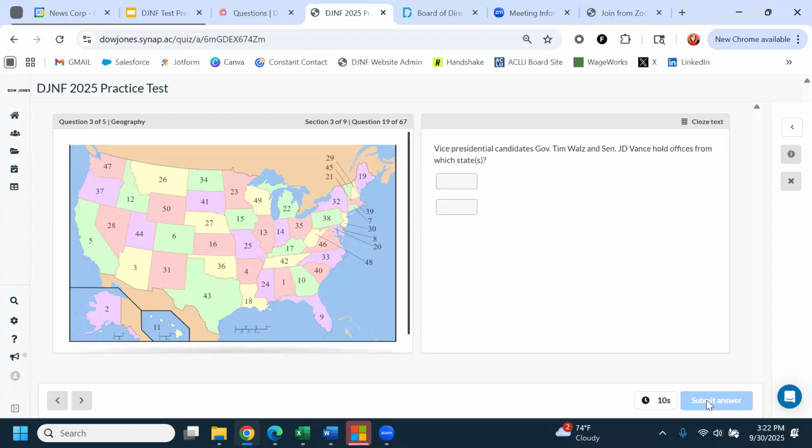This is, if no one else wants to jump in, Walsh is 23 and Vance is 14. Or no, yeah, 35, sorry. Close, 35. Yes, it was 35.